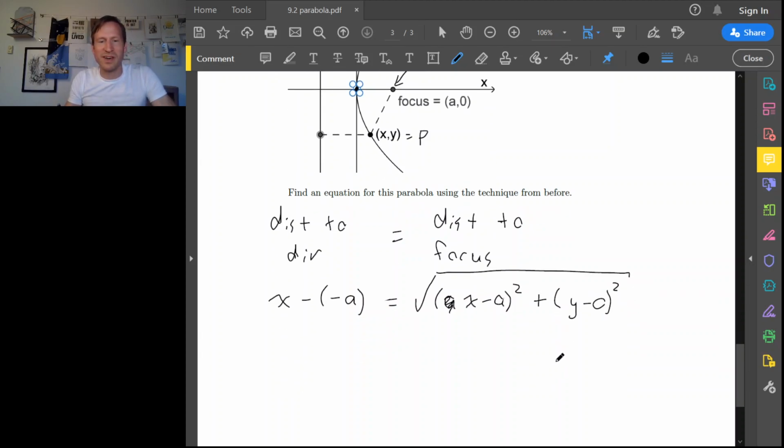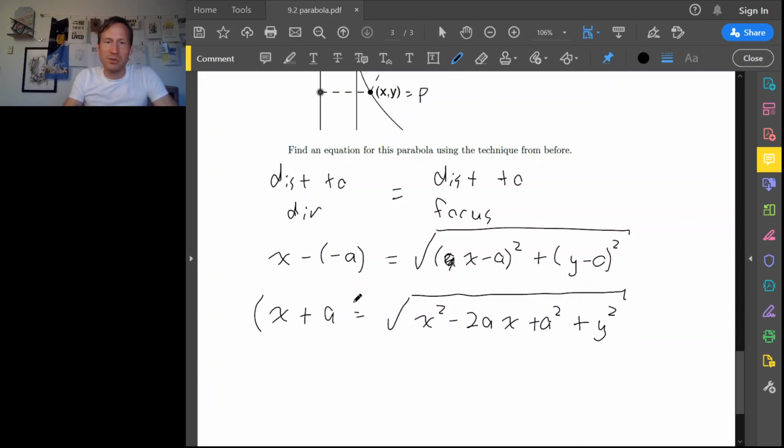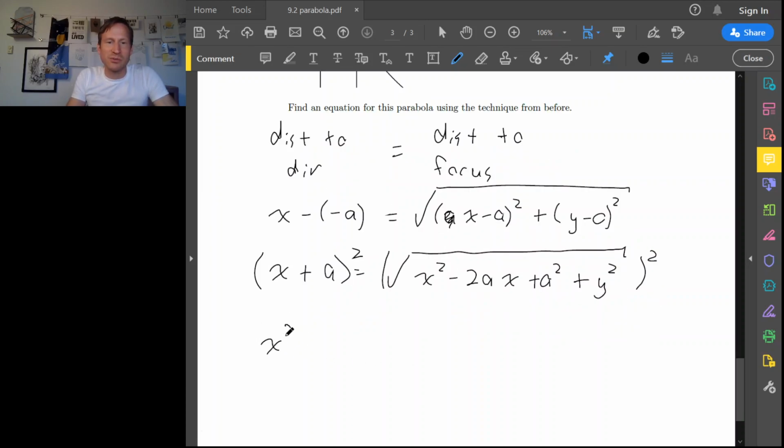And then we can simplify this. So x plus a equals the square root of, let's multiply everything out inside the square root here, x squared minus 2ax plus a squared plus y squared. Now we can square both sides to get rid of that square root, and we get x squared plus 2ax plus a squared equals x squared minus 2ax plus a squared plus y squared.